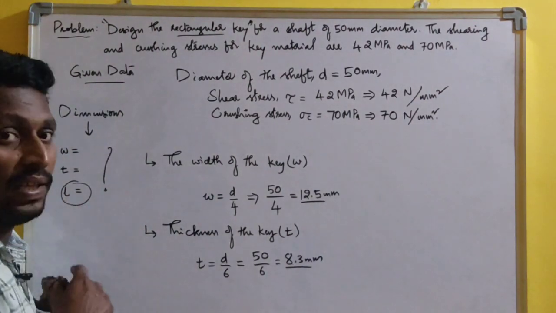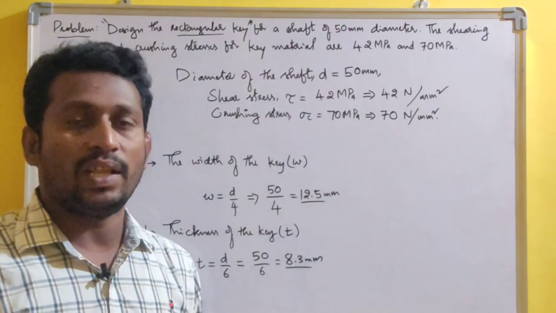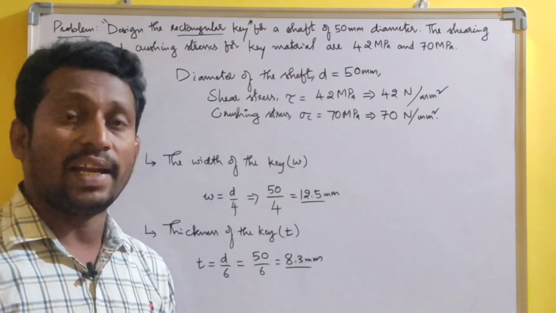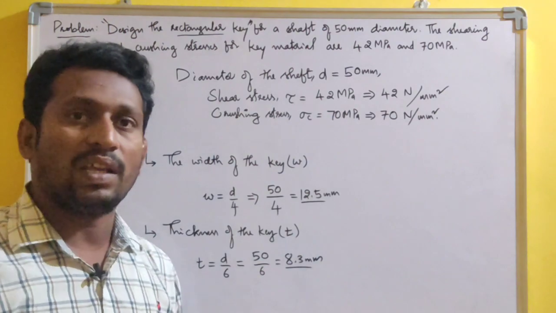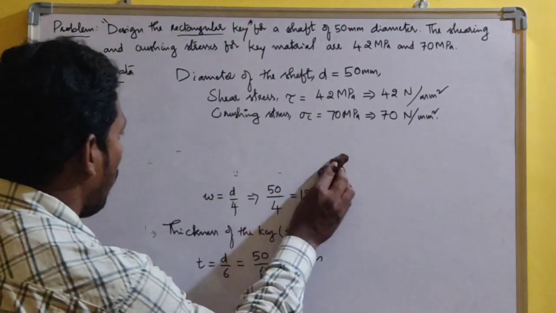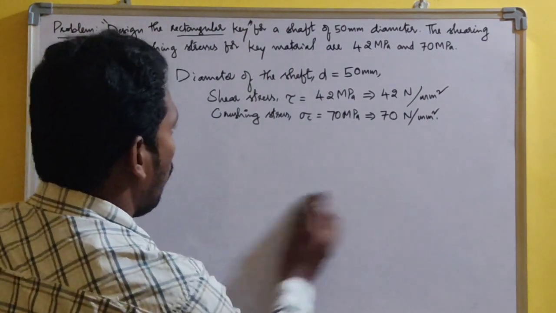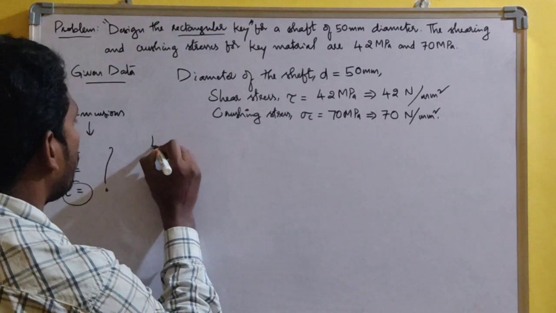In order to find out the length, we will take the relations from two design criteria. One is shear criteria and another one is crushing criteria. So by having those two relations, we will get two lengths.